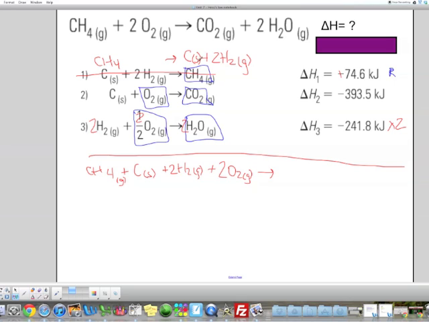Okay, on the other side I have carbon solid. I have 2H2 gas. I have CO2 and 2H2O.